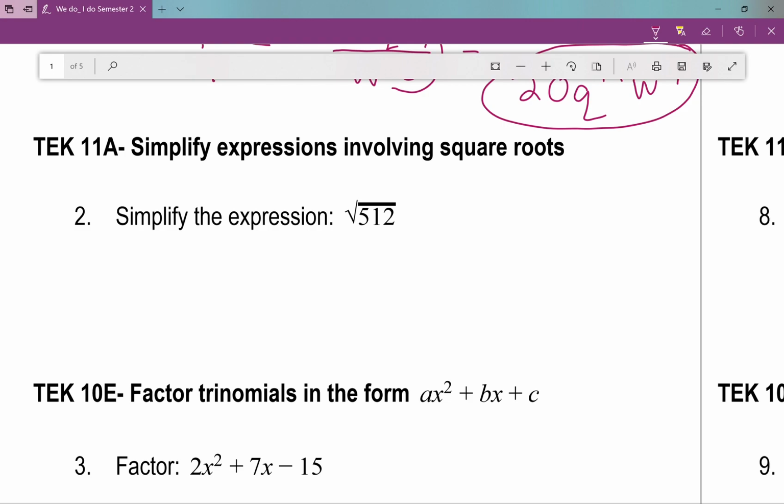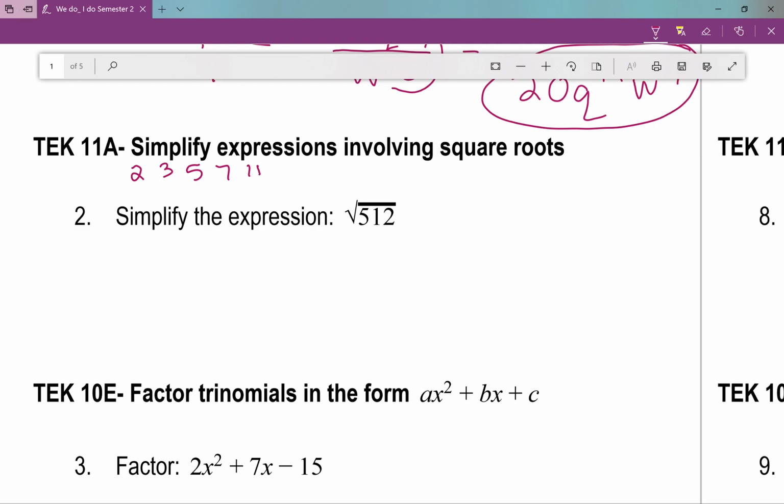Prime numbers would be numbers such as 2, 3, 5, 7, and 11. There are many more after that, but we're only going to deal with the first 5: 2, 3, 5, 7, and 11. So we need to create the prime factorization tree from 512.